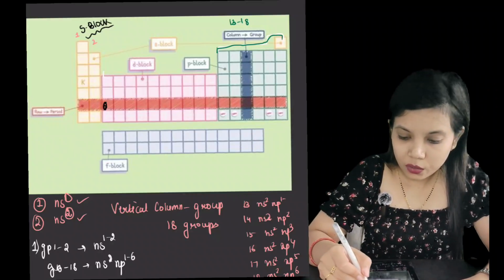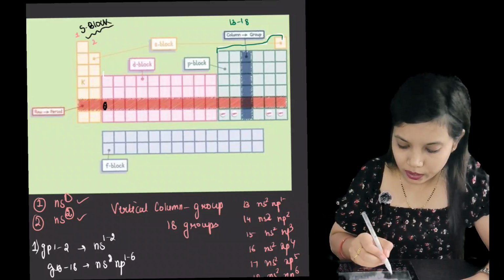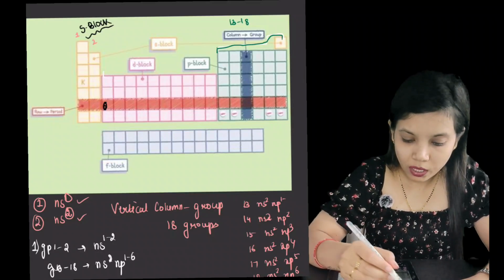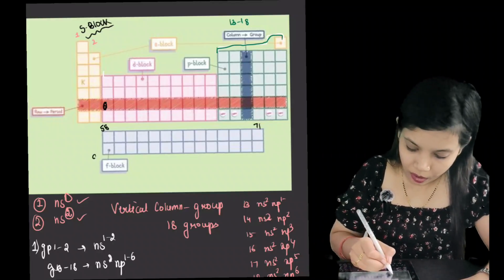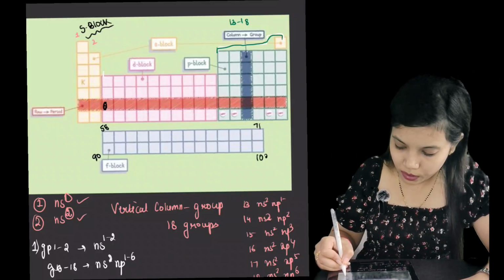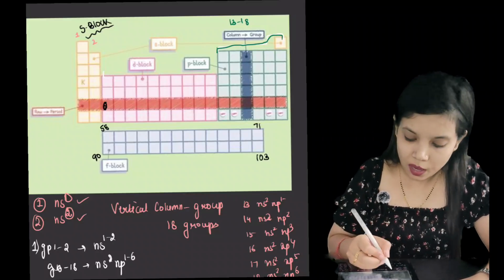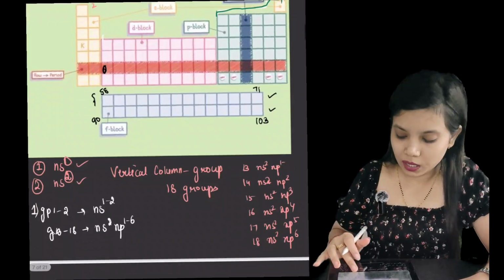So students, you can clearly see here, there are two series of F block elements. The atomic numbers are 58 to 71 for the first and 90 to 103 for the second. They have 14 elements in the first series and 14 elements in the second series.